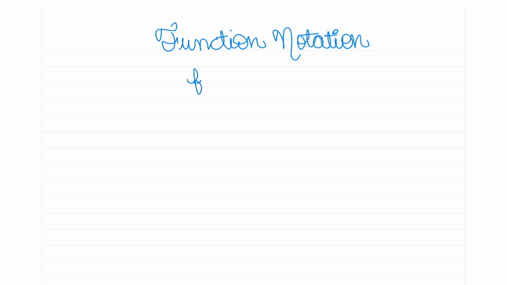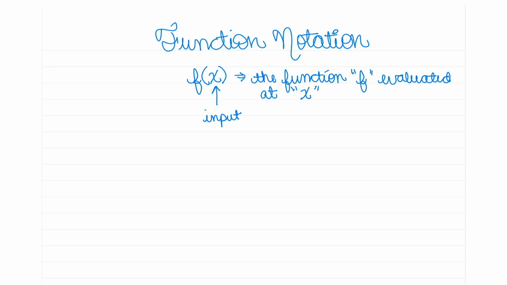So we have a function that can be denoted by any letter. Most of the time you'll see f, and then you'll see x here. This is the input. So what this means is that it's the function f evaluated at x. And we can kind of think of this as like a machine.